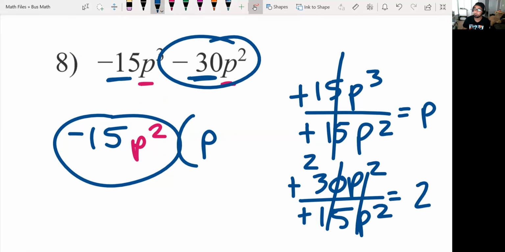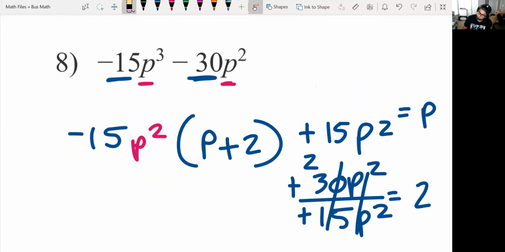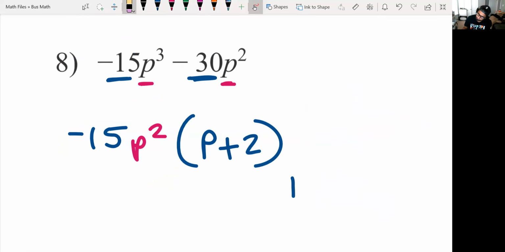So you just get 2. So you would get p plus 2. And again, you can check your work by distributing. Negative 15p squared times p is negative 15p cubed. Negative 15p squared times 2, negative 30p squared.